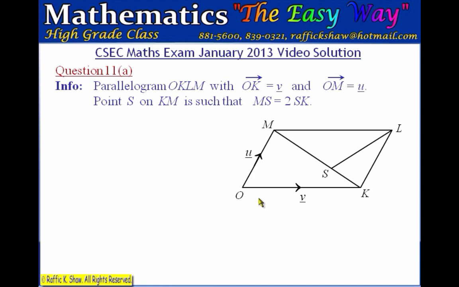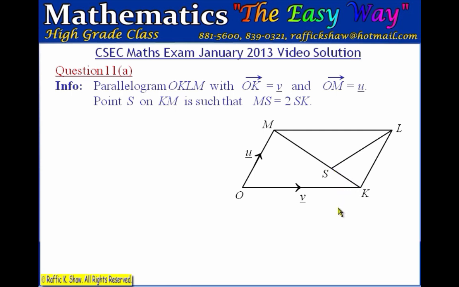We are presented with a parallelogram OKLM, and we are given the vector OK, that's the position vector of K, equal to V, and the vector OM, the position vector of M, equal to U. We're also told that the point S on the line KM is such that MS is equal to 2 times SK.